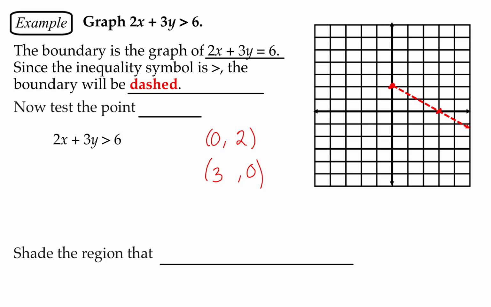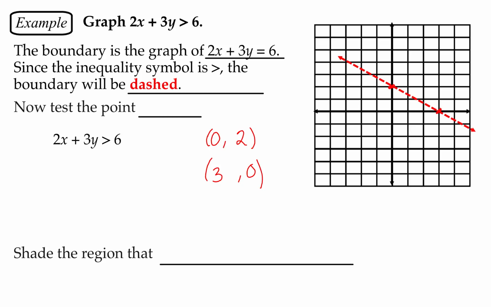So something like that. That's what my line is going to look like. It's going to go through those 2 points. Let me extend that a little bit to make it look more accurate. There you go. Okay, so we've got the boundary line.